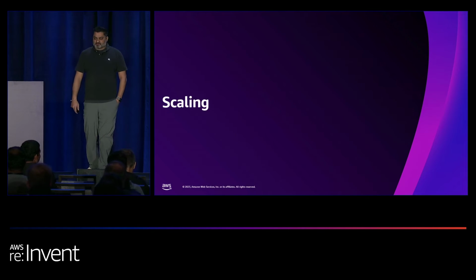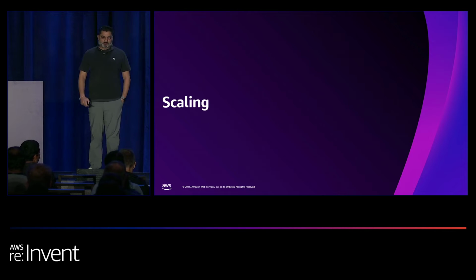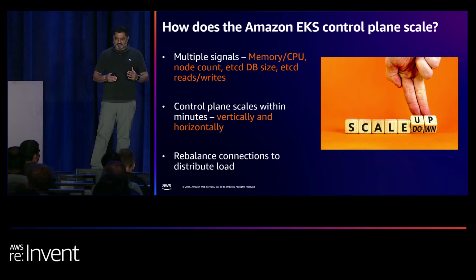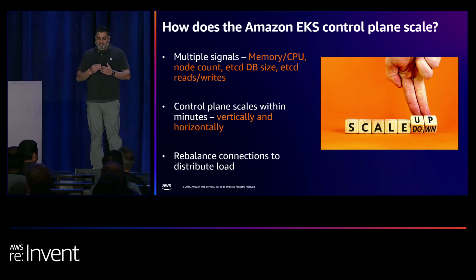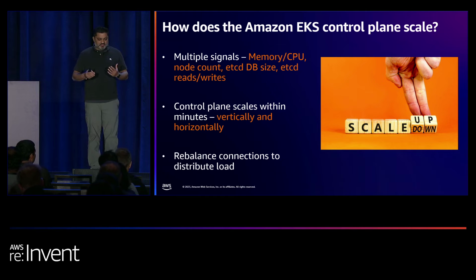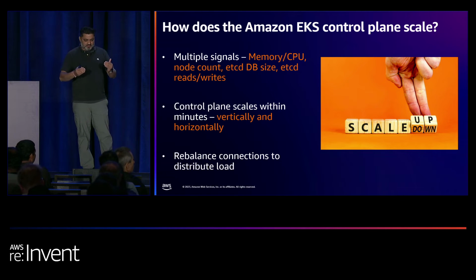Okay, so let's move on to the scalability of the control plane. EKS automatically scales your cluster to provide you a right-sized control plane. We're consistently looking at signals such as memory, CPU, node count. We're looking at etcd signals. Once we get an aggregate of all these, we determine what the maximum value should be, and we scale your cluster to that max.